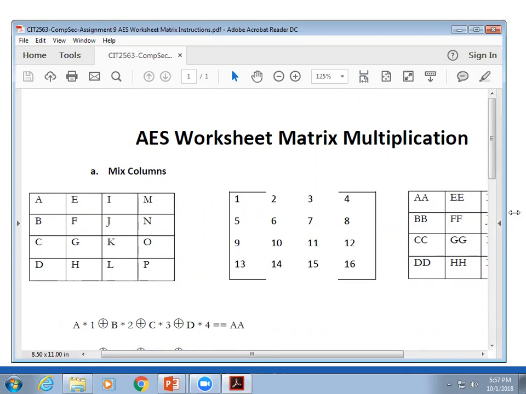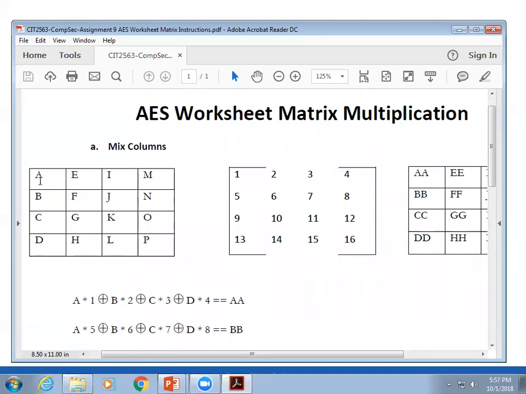All of that math gives you AA. Then the second one, A times 5, XORed with B times 6, XORed with C times 7, XORed with D times 8. All of that gives you BB. So see how this works?